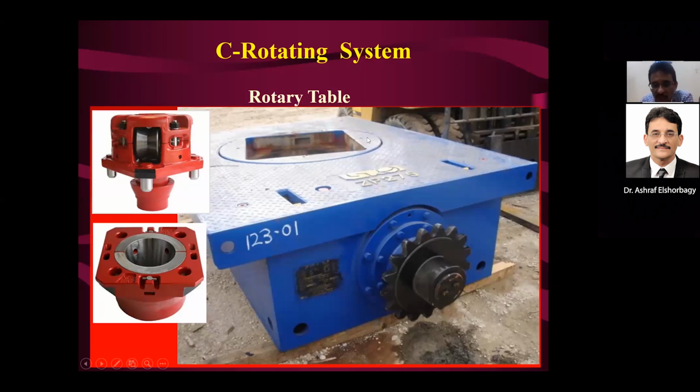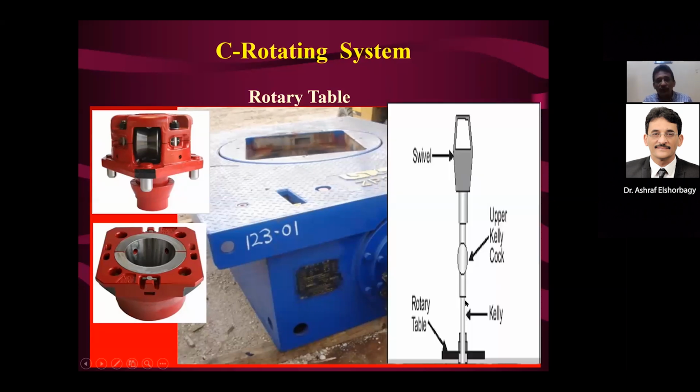Very fast revision. First, the rotary table, which is this one, will start to rotate. This one, called the master bushing, is fixed inside the rotary table, so if the rotary table rotates, the master bushing will rotate. Then we fix the key bushing inside the master bushing, and inside the key bushing we fix the key.